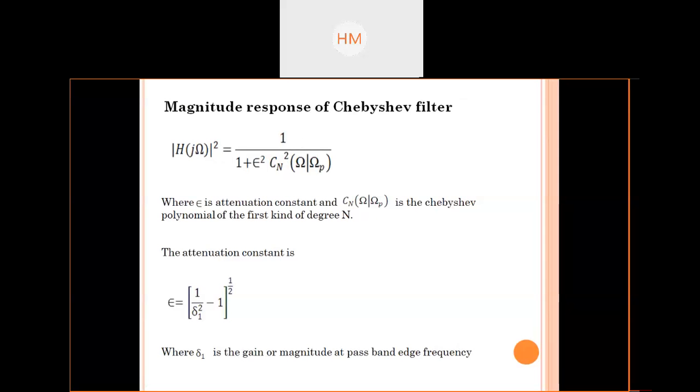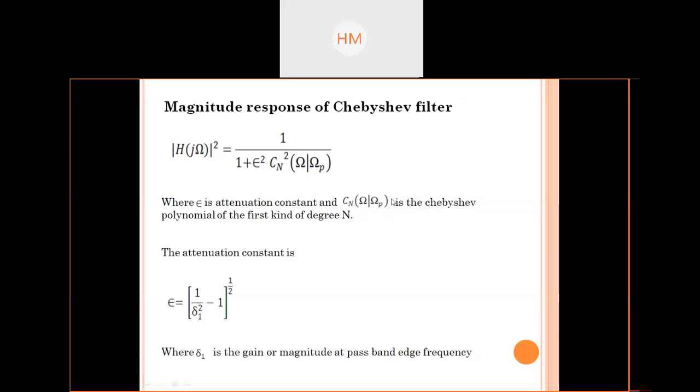Omega P is the 3 dB cutoff frequency. You can write in your copy, omega P is the 3 dB cutoff frequency. Clear? You can write A instead of 1 also. I have taken the gain A as 1, where delta 1 is the gain or magnitude at the pass band edge frequency, delta 1 square, the attenuation constant. Clear? I should move ahead.